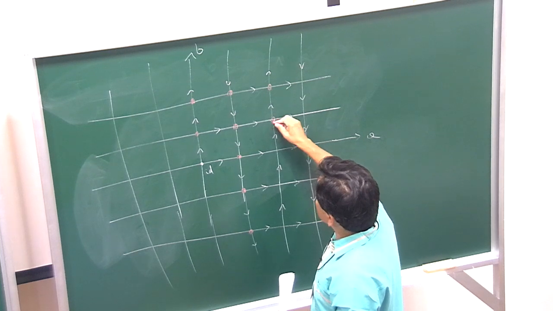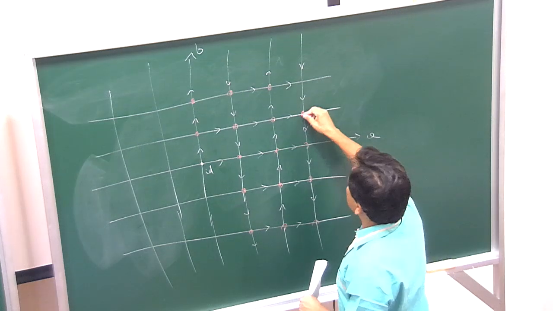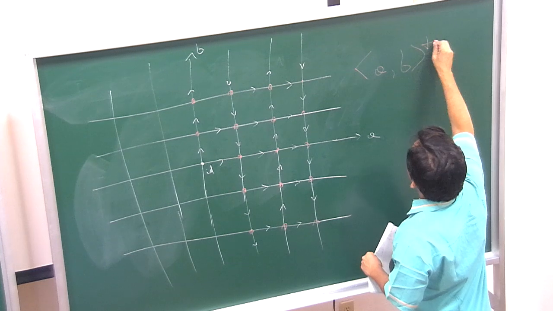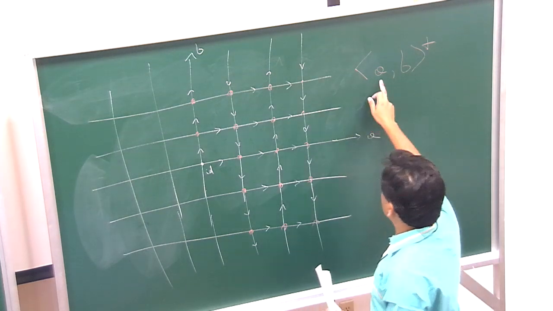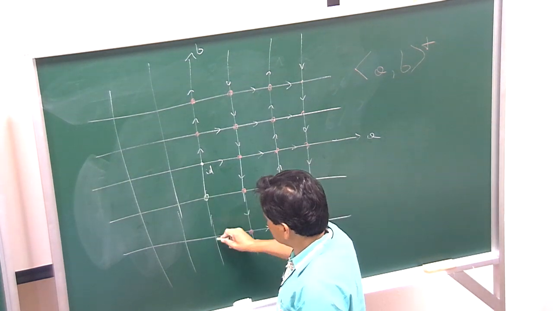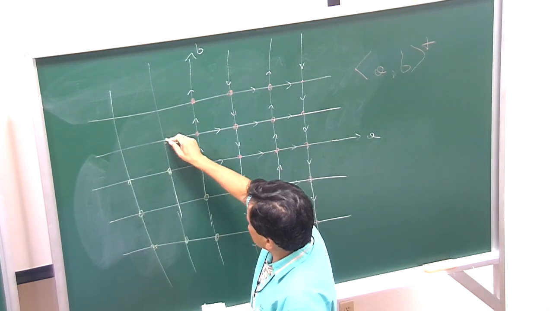So all the points in red here belong to the semigroup generated by A and B. It's okay? And if I consider the semigroup of the inverses, which means the semigroup generated by A inverse and B inverse, then the points that appear are those that are in the other half of the group.